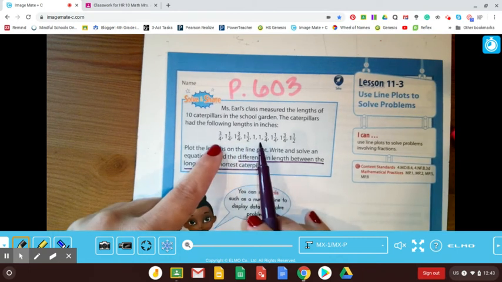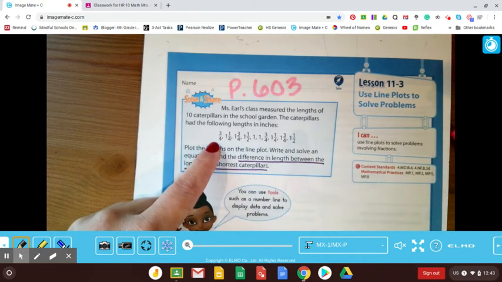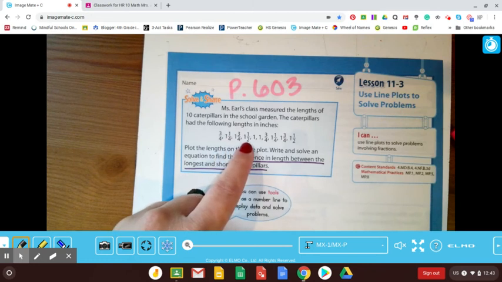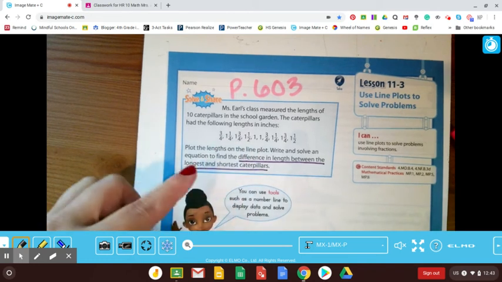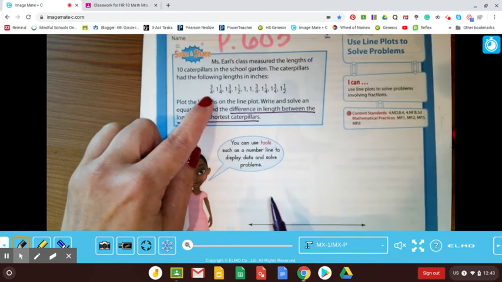Oh, wait, no, one isn't my lowest. Look, 3/4 is my lowest. So we're definitely doing this into fourths, but it goes up, so it doesn't even go up to two. All right, so that gives me my lowest would be 3/4.